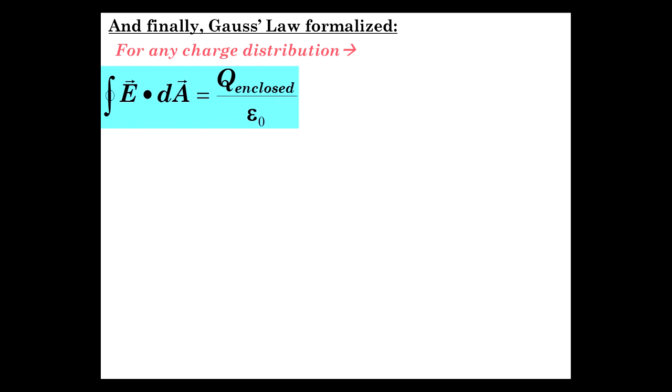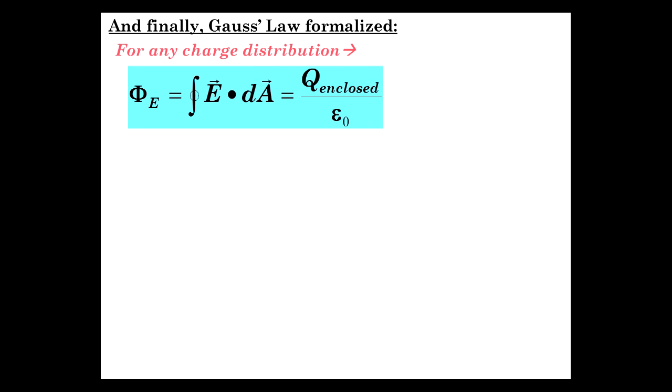Well, we've done all the work, so let's go ahead and formalize Gauss's law, which states the following: that for any charge distribution, the electric flux is equal to the closed integral of E dot dA, and that evaluates to Q enclosed over epsilon 0, where Q enclosed is the algebraic sum of all the charges that may add up to positive, negative, or 0.